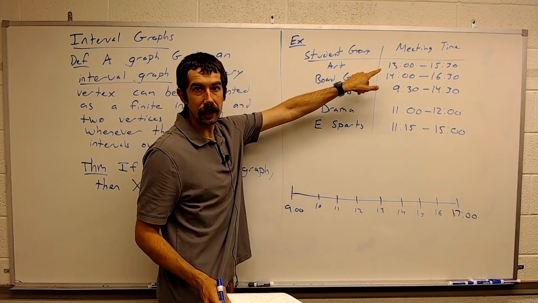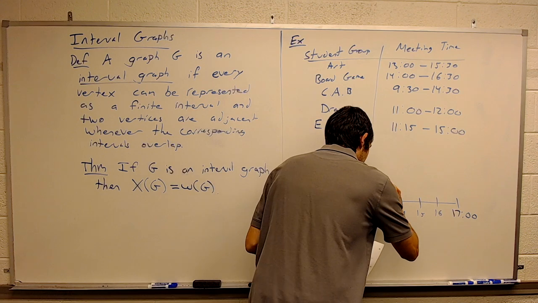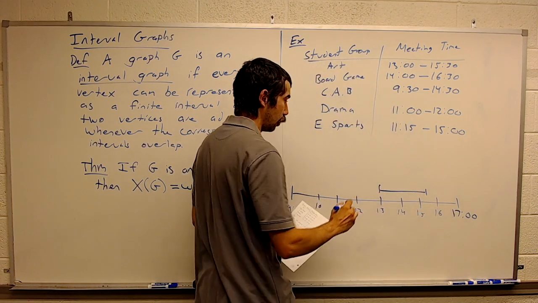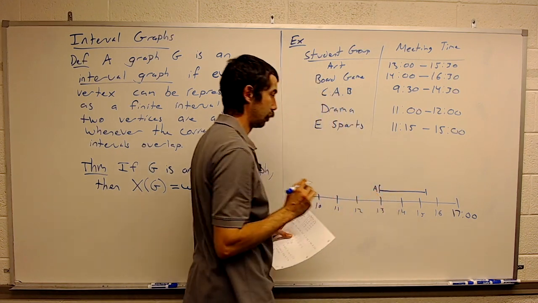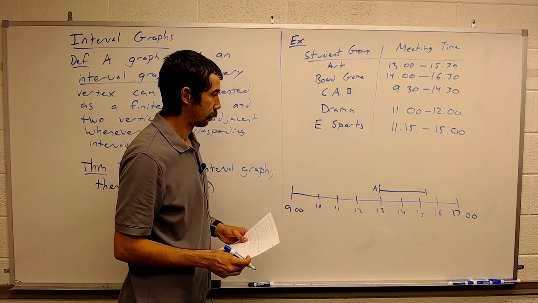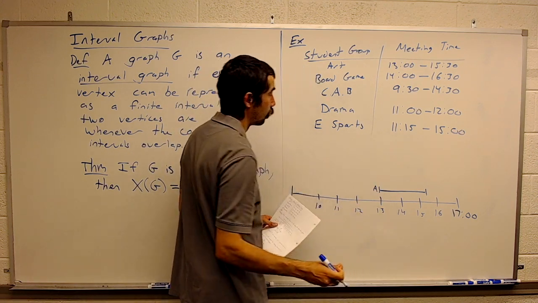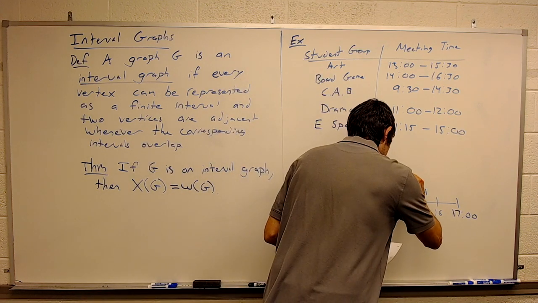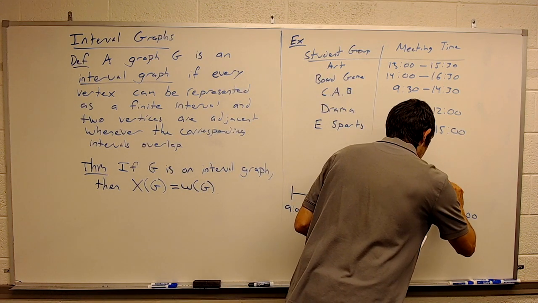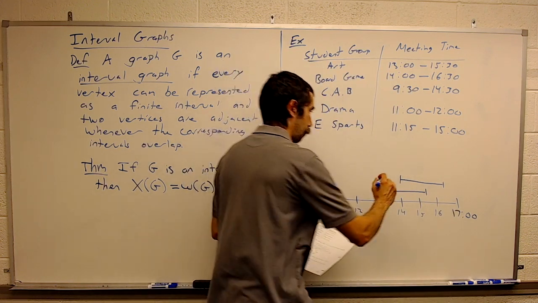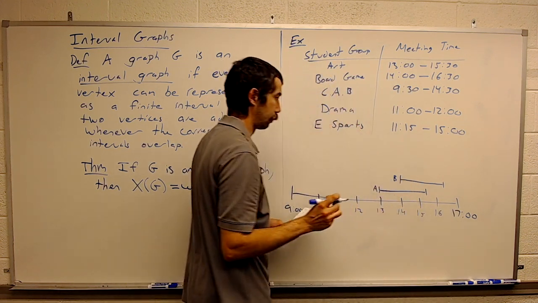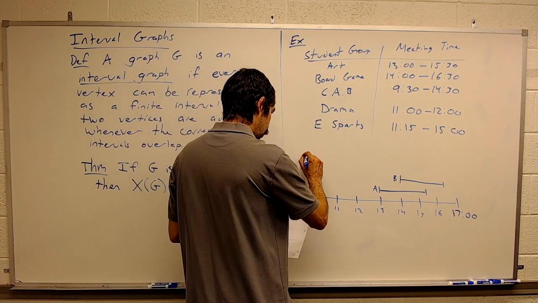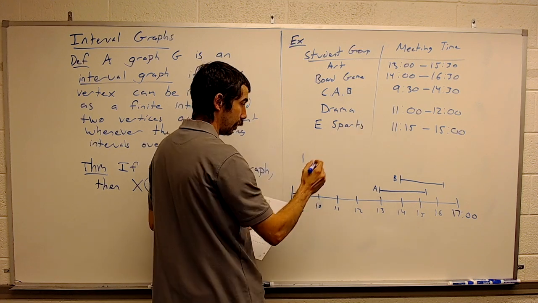Art wants to go from 1300 to 1530, so we could represent that as the following interval. I'm going to put an A next to it for art. Board game, 14 to 1630. CAB, 9:30 to 14:30.